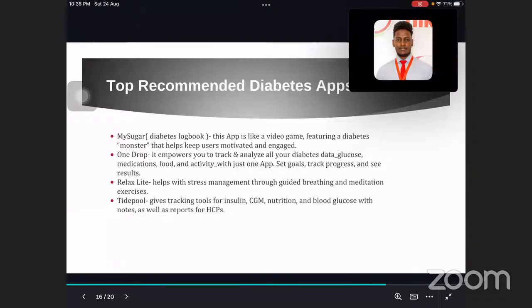Those are the 9 top recommended applications from the Diabetes Education Service website. And there are many other applications for diabetes.